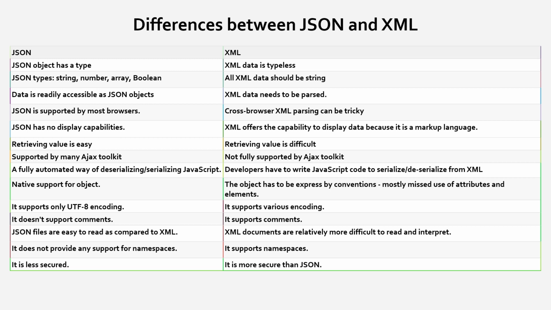In JSON, data is readily accessible as JSON objects. In XML, data needs to be parsed. JSON is supported by most browsers, but in XML, across browsers some parsing can be somewhat tricky.